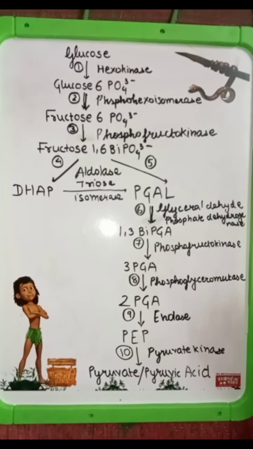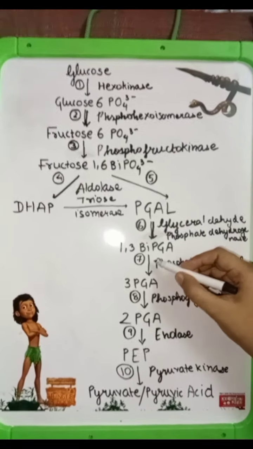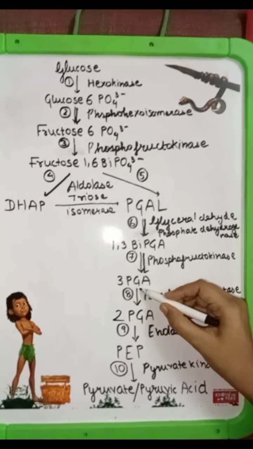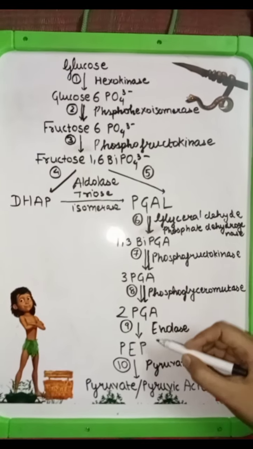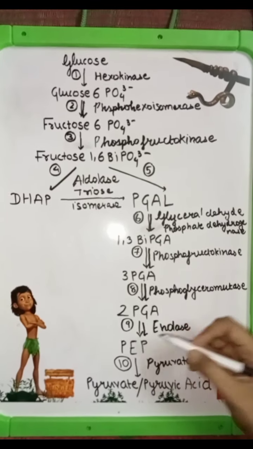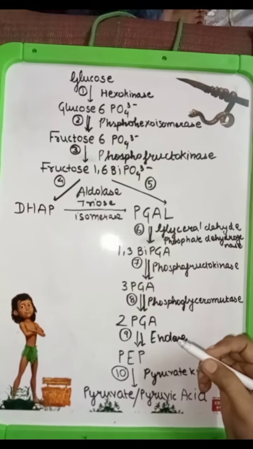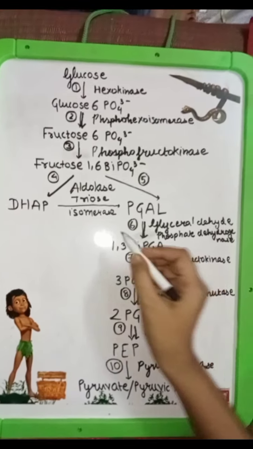Step 6. Now step 7 is also reversible, 8 is also reversible, and the 9th step is also reversible. Now in the 6th step, NAD converts to NADH plus H plus, so we'll mark it.